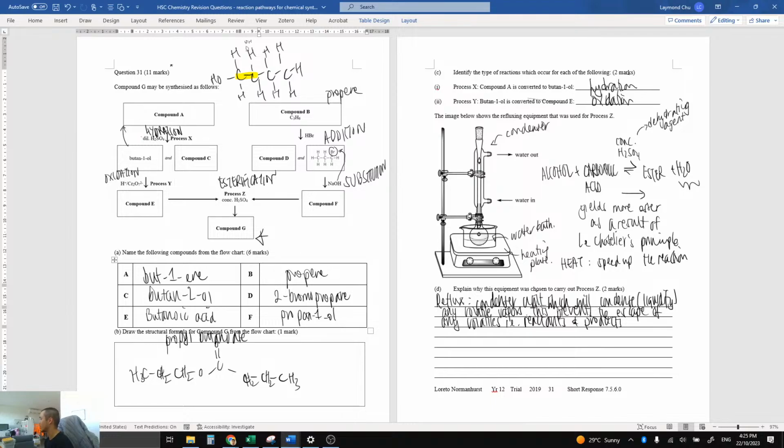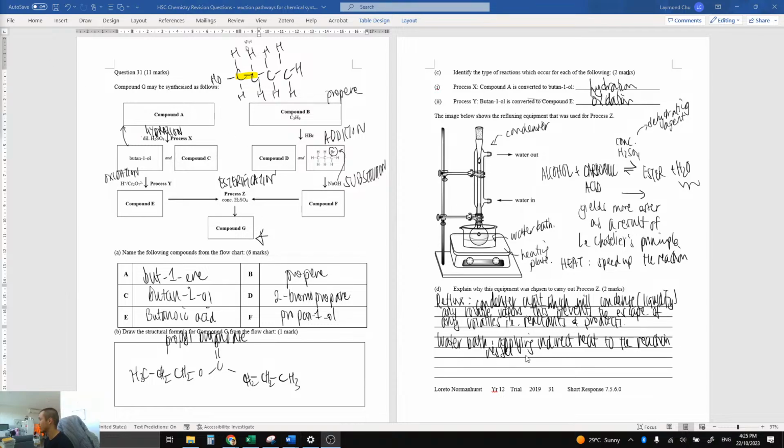Now, reflux is one aspect of this. I would like to comment on the water bath aspect as well. So this is applying indirect heat to the reaction vessel. And what does this do?